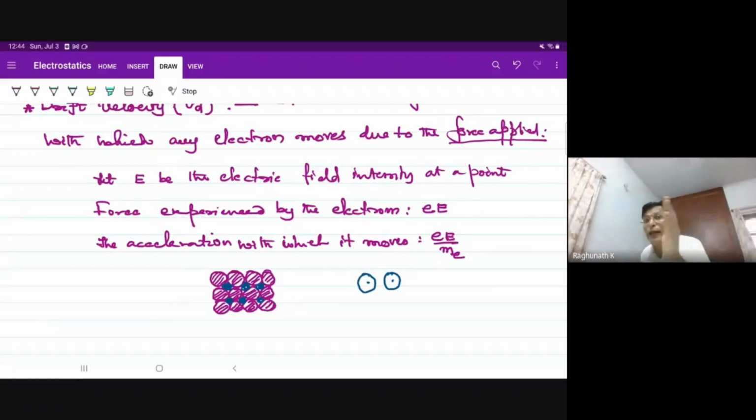Net motion will be like that, but during the motion it collides with many vibrating ions or atoms and moves forward. Then again it collides, then again it collides. At so many places it collides with atoms and then stops there and then starts moving.